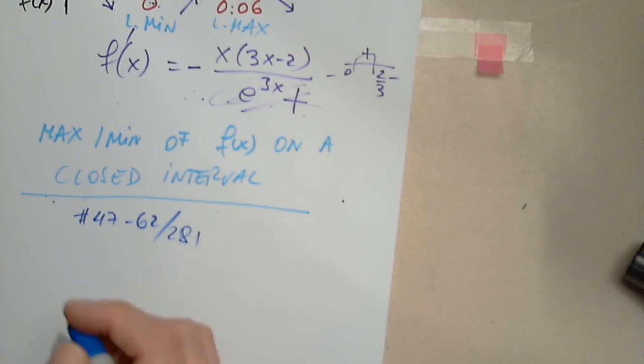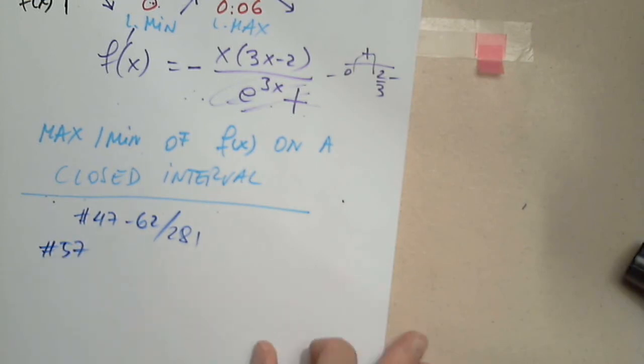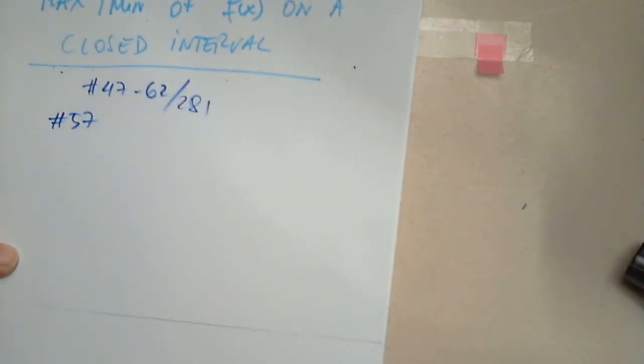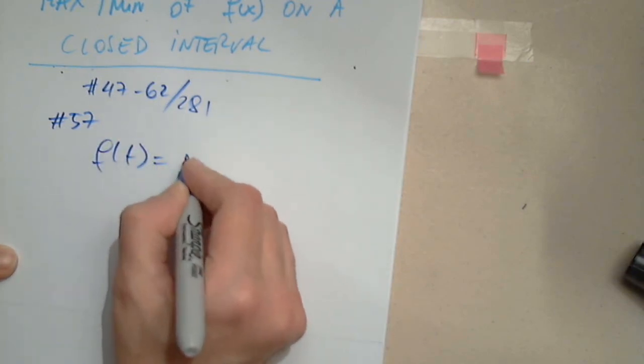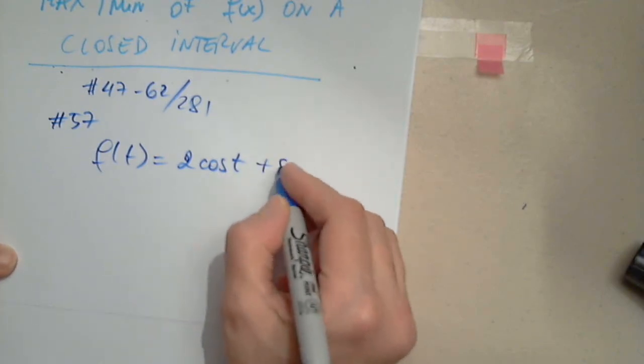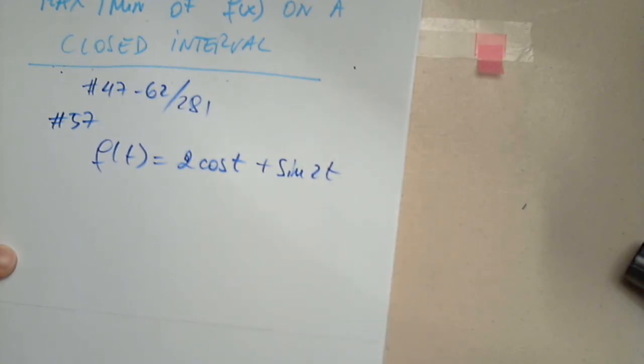Good. It will not be a pleasant one. And this is 2 cosine t. But we'll make it work. 2 cosine t plus sine 2t. And the interval they are giving us is 0 to pi over 2.